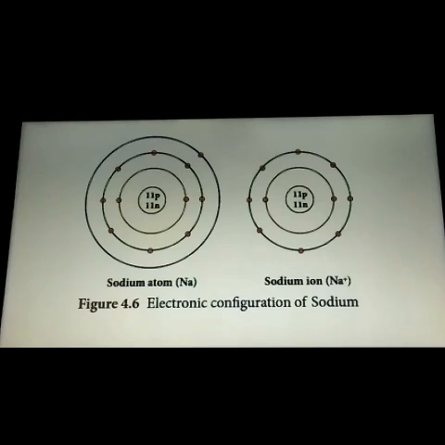So based upon the octet rule, the sodium atom will immediately lose one electron to attain its stable electronic configuration, and hence the sodium atom becomes a sodium ion by losing one electron, and it is said to be Na plus. The chemical symbol for sodium is Na, and since it loses one electron, we represent it with a plus symbol or positive sign. So for sodium, we mention it as Na plus.